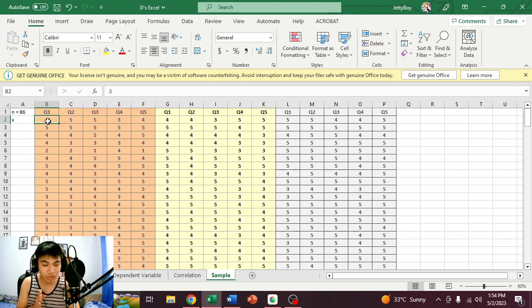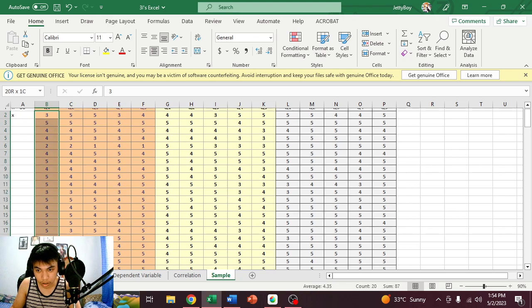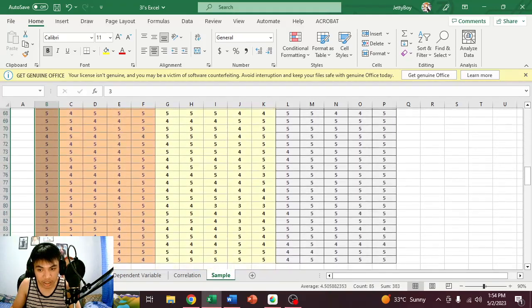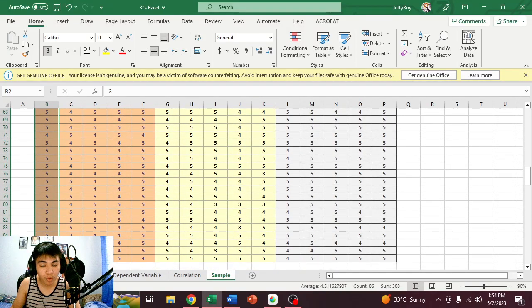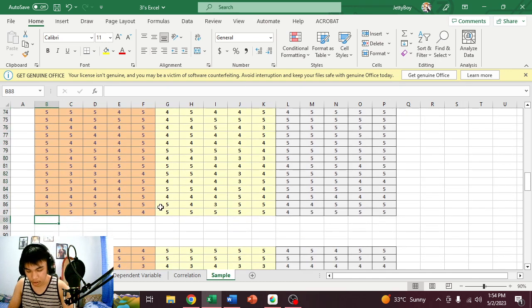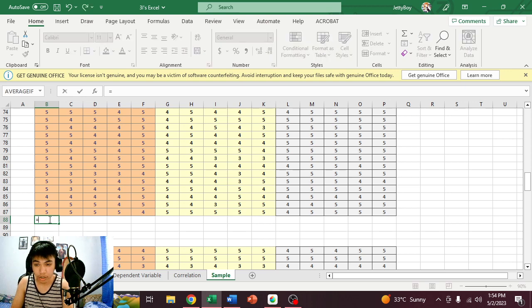So our first step muna is to get the sum of all the responses in question number 1 of our sub variable 2.1. Okay, so how do we do that? Go to a new cell. This is column B, row 88. Let's remember that because we will need it later.